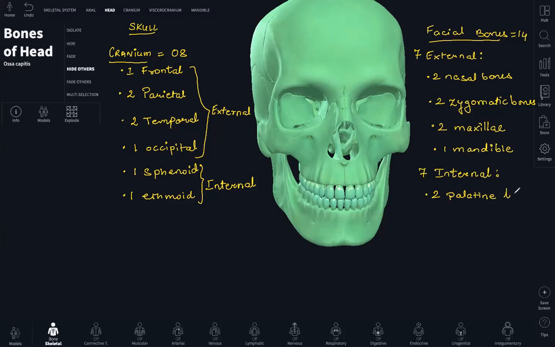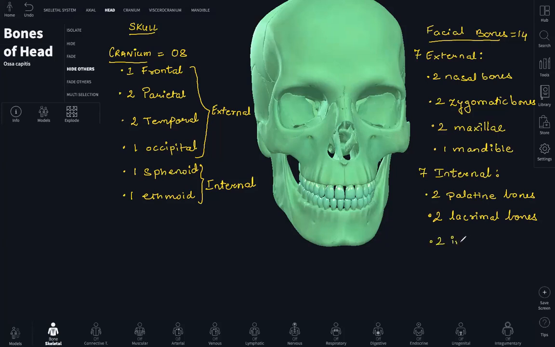So 2 palatine bones. Then you have 2 lacrimal bones, present in the eye socket. The 2 lacrimal bones are present in the eye socket.